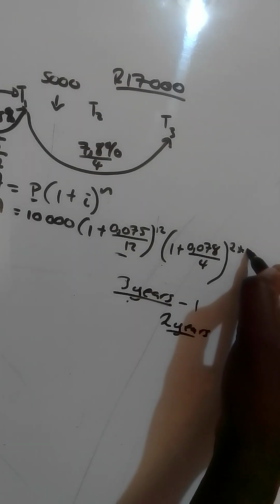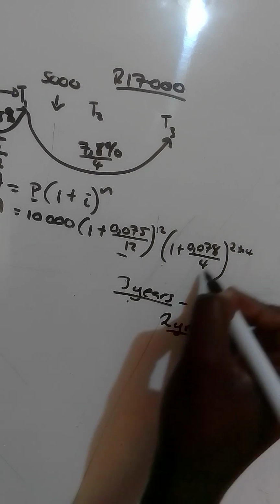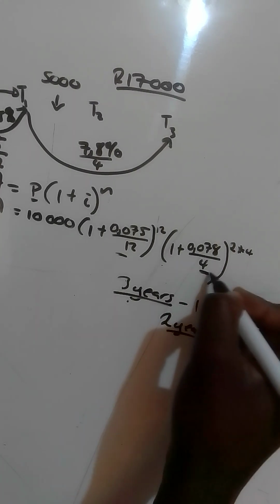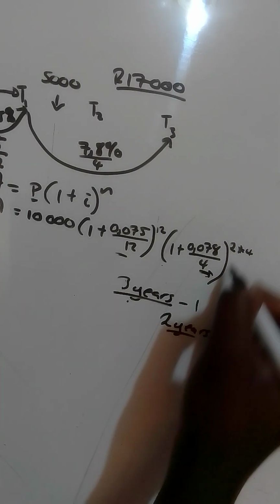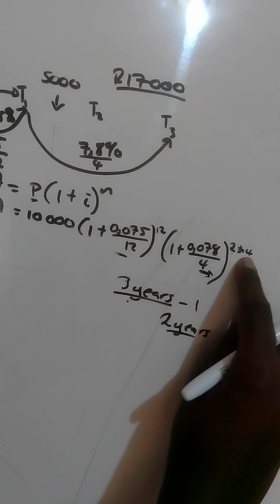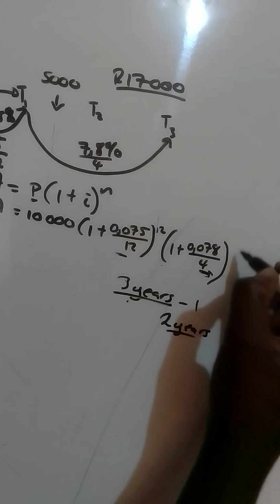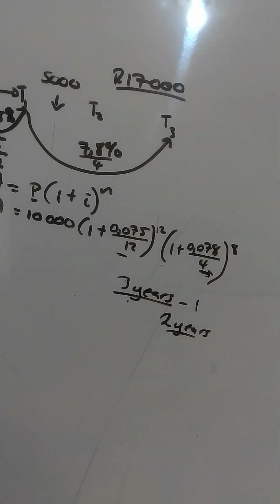So we multiply by 4 here. When you have multiple compounding periods, the years are multiplied by the compounding period. So 2 times 4 gives us 8. Now I remove the 2 times 4 and say to the power 8. Now this is the first step, right?